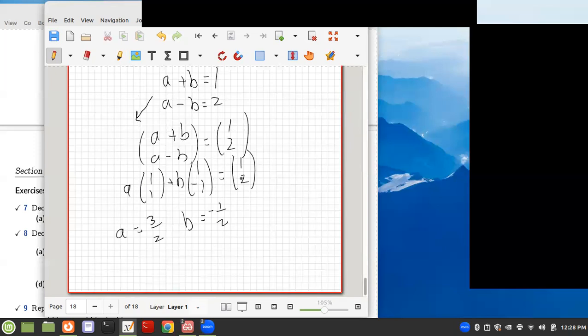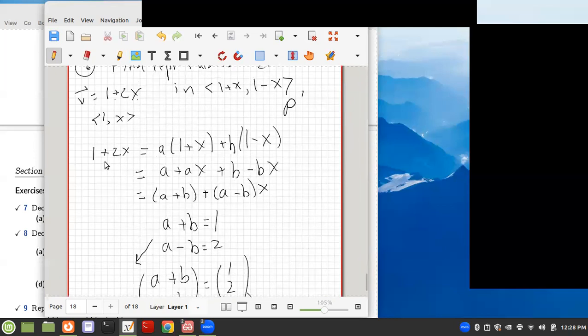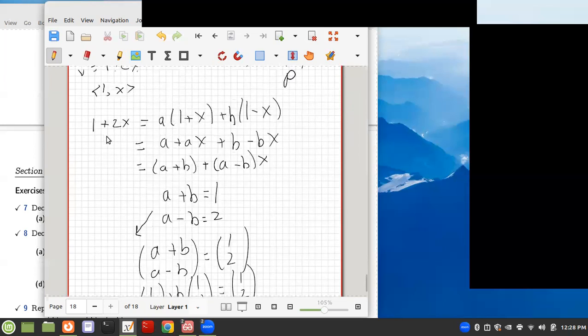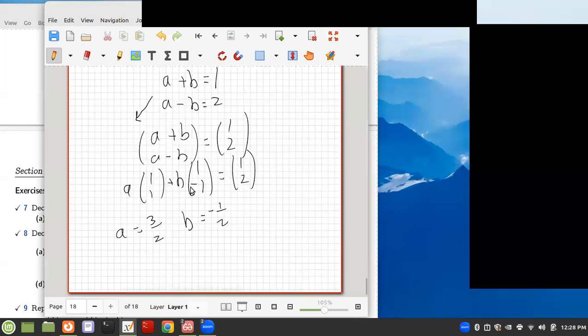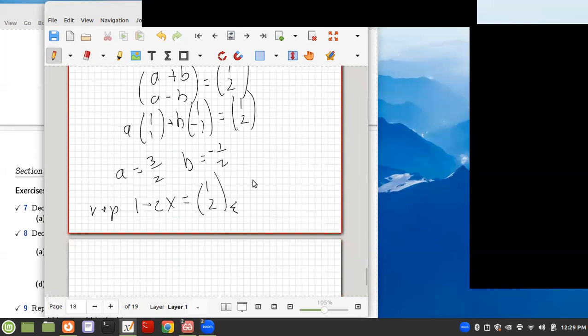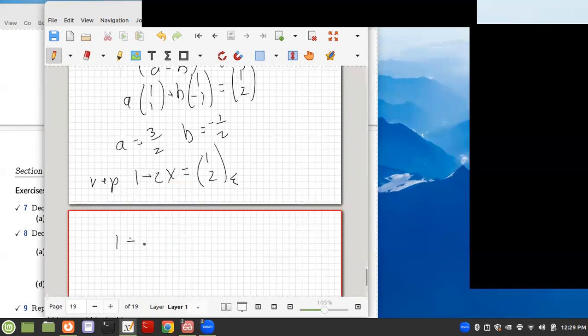So the point is, the representation of 1 plus 2x in the standard basis equals 1, 2. And so 1 plus 2x equals 3/2, minus 1/2 in basis b.